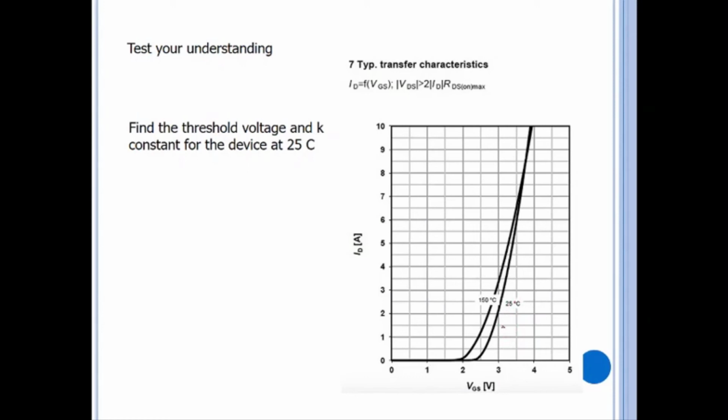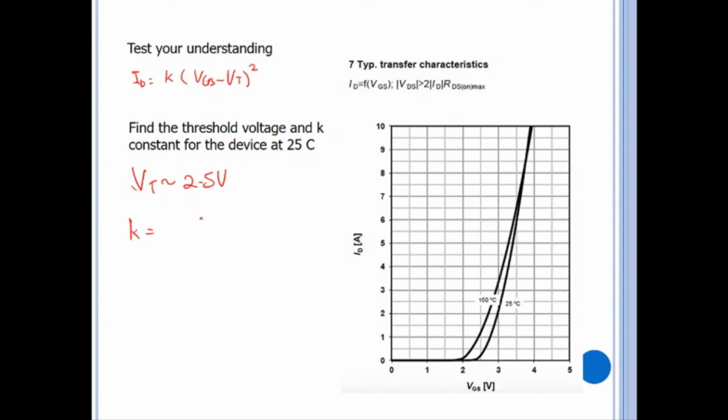So find the threshold voltage. The threshold voltage will be somewhere along here, this is along 2.5. So the threshold voltage will be 2.5 volt. Okay. So how about the K? You can calculate the K from ID equal to K times (VGS minus VT) squared.